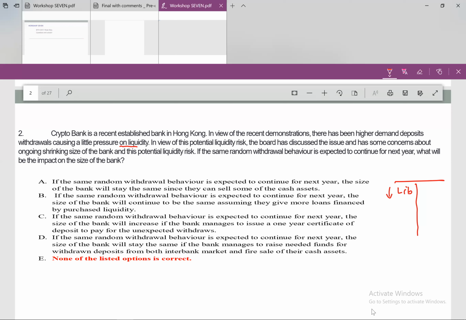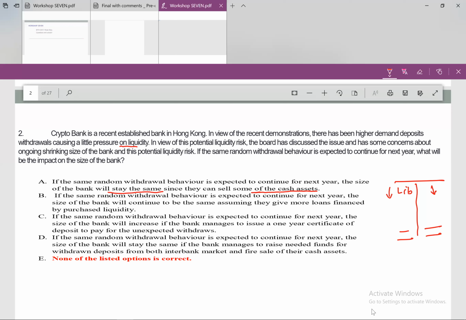But here, the problem with statement number one is here. When we say it will stay the same, it will not stay the same. If the withdrawal continues and you will sell assets, the size will drop.